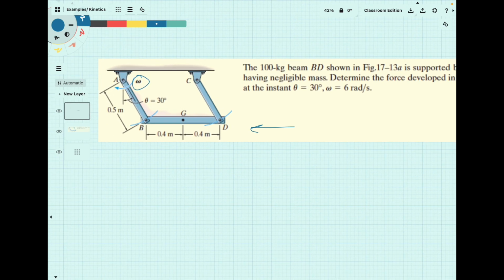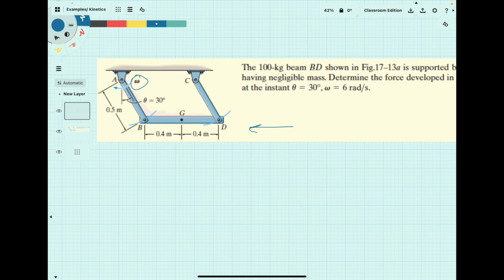All right, so before we do anything else, let's look at link AB here. A is a pin, of course.